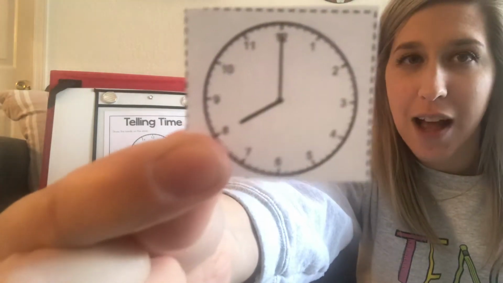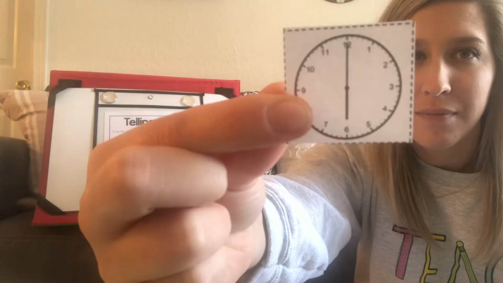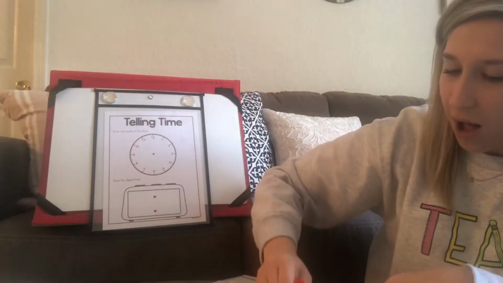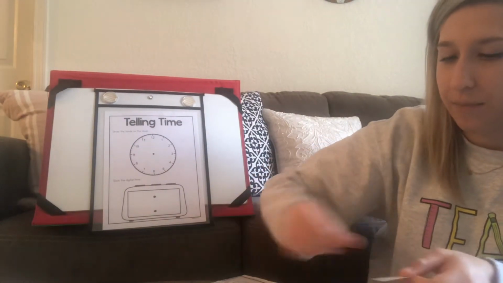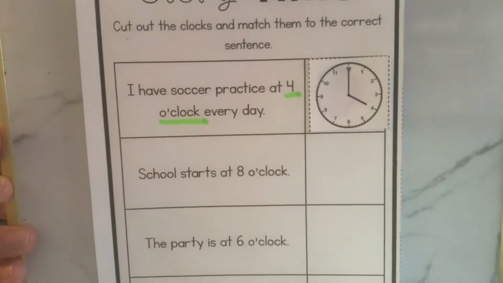Does that say 4 o'clock? No. Does this say 4 o'clock? No. Does this say 4 o'clock? Yeah. And I'm going to glue that on the box. So now I have 4 o'clock and 4 o'clock.